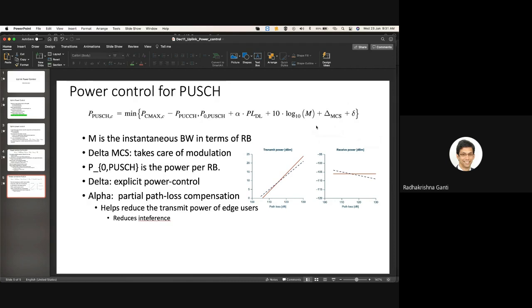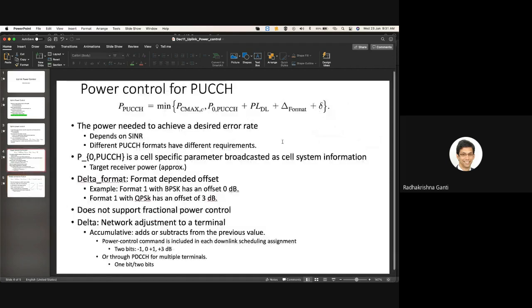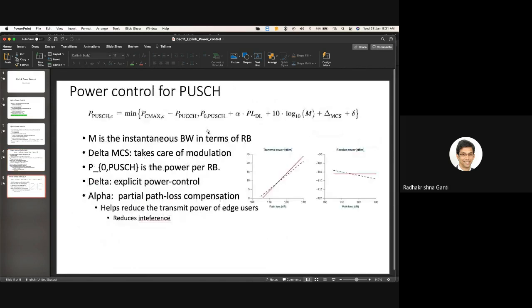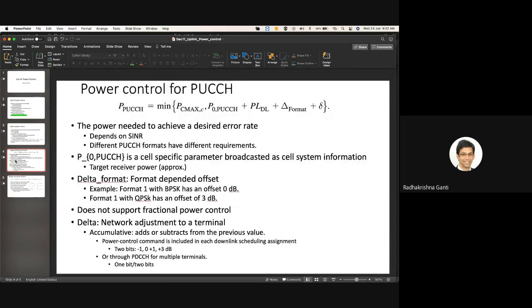But one interesting thing you see is that in PUCCH you're compensating for PLDL completely, the path loss. Here you are compensating for alpha times path loss, where alpha is some factor that is less than 1. This is called fractional power control. In PUCCH you do something called full power control, which means you try to compensate for the entire path loss by putting PLDL.